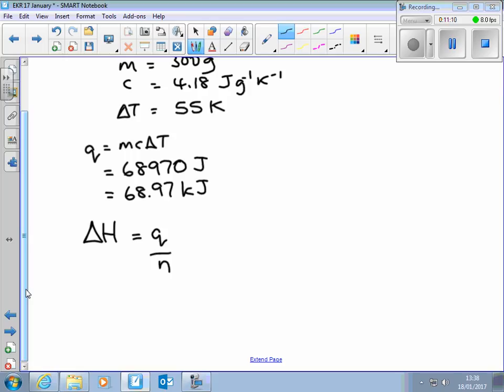It is just an energy change, and it would be the same if it was an endothermic or exothermic reaction in the calculation. So we've been told that 5512 is 68.97 over n.